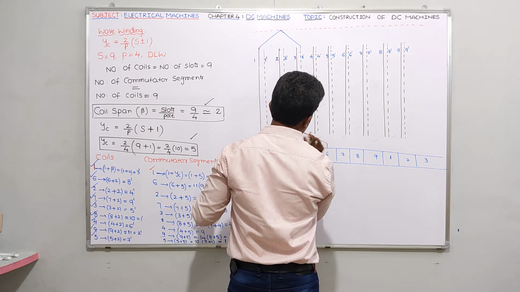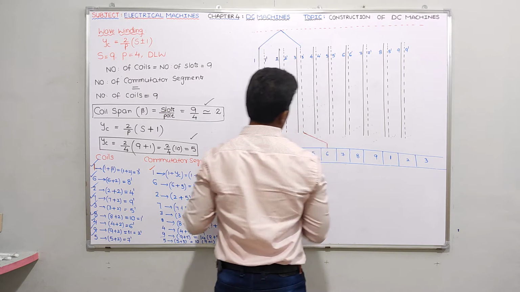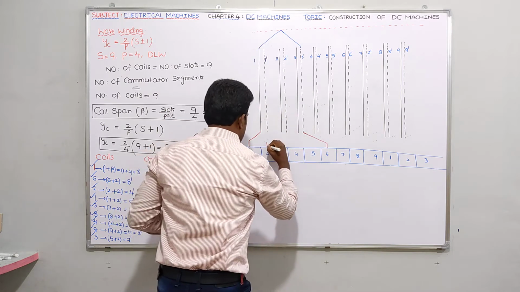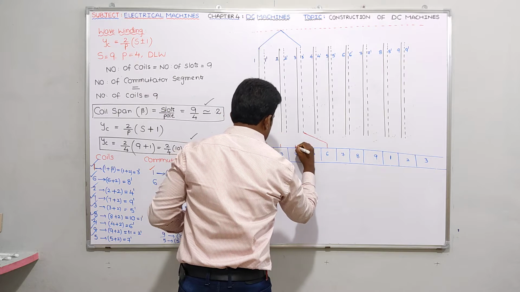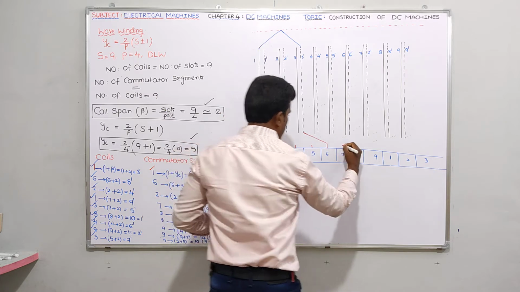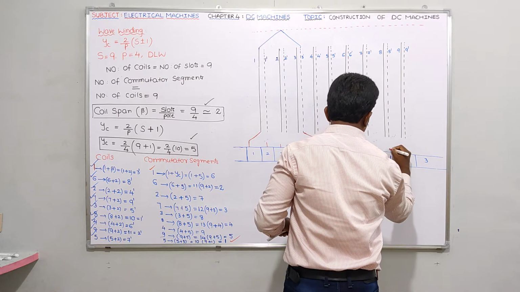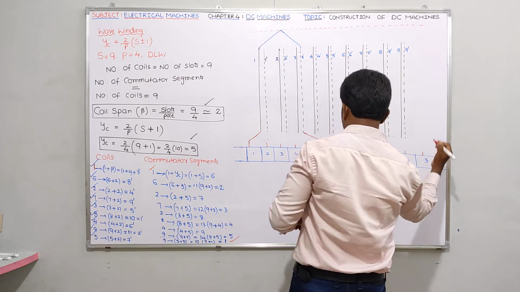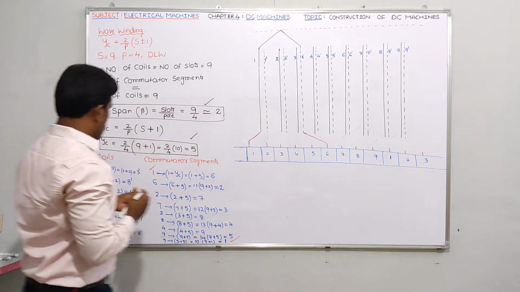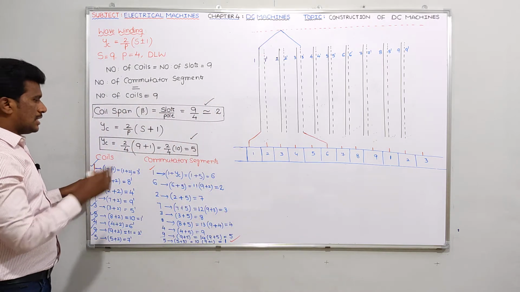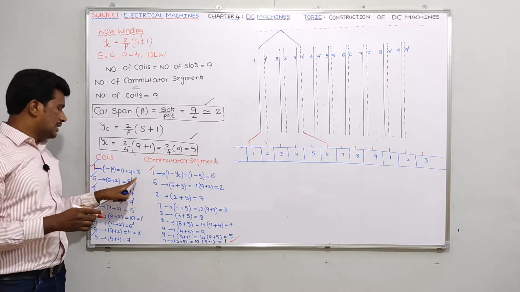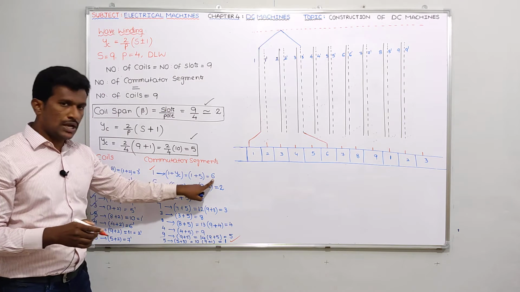For 3 dash, let me take some whites from these segments so that we can have connections. So one conductor is connected to the first segment, and 3 dash is a conductor connected to the 6th segment.